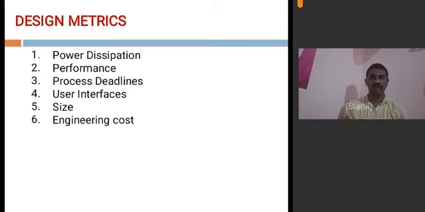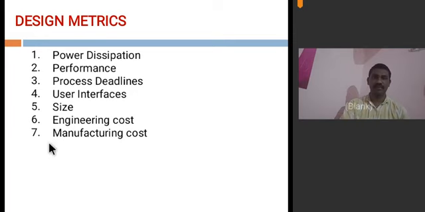It is a one-time and non-recurring cost. Manufacturing cost means the cost of manufacturing each unit, after all the development is done.